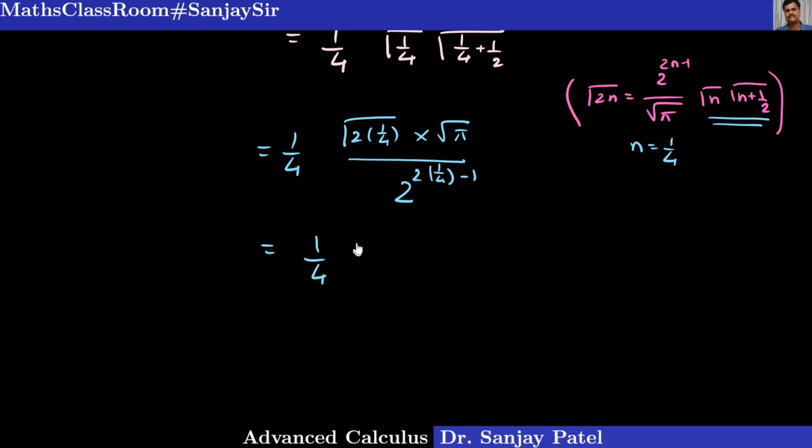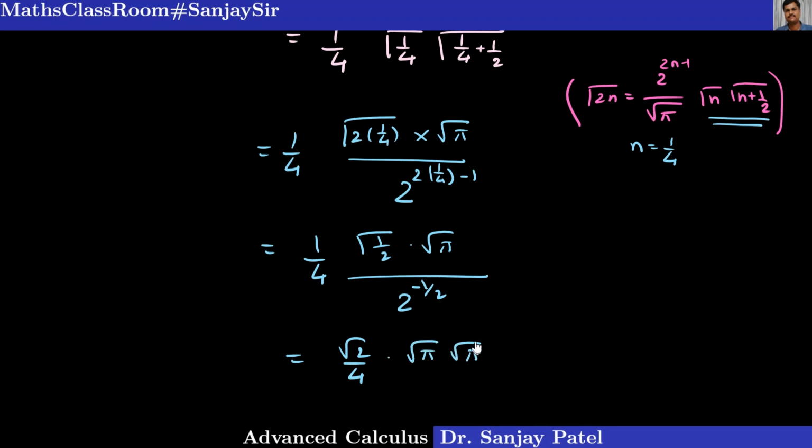So 1 by 4, this is gamma 1 by 2 into root pi upon 2 raised to 1 by 2 minus 1. Yes, so it is minus 1 by 2. So finally you will get root 2 upon 4, and this is root pi into root pi, correct?